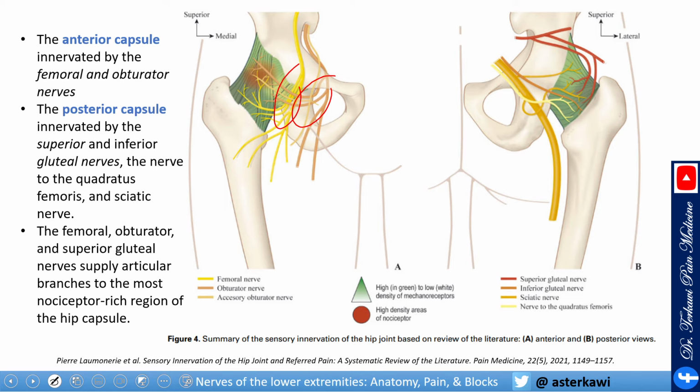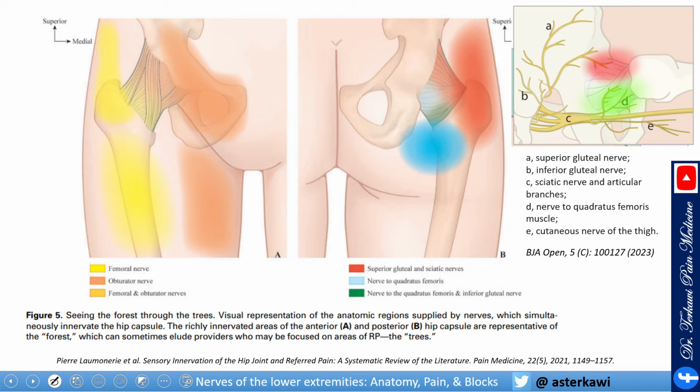The femoral, obturator, and superior gluteal nerves supply articular branches to most of the nociceptive region. This is why if you end up blocking or ablating the femoral and obturator branches, you very much control most of the pain, not all of the pain.